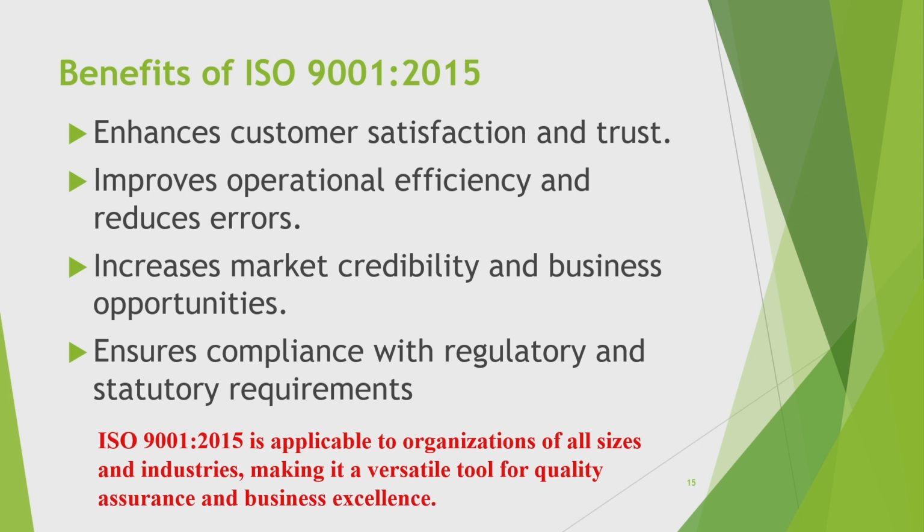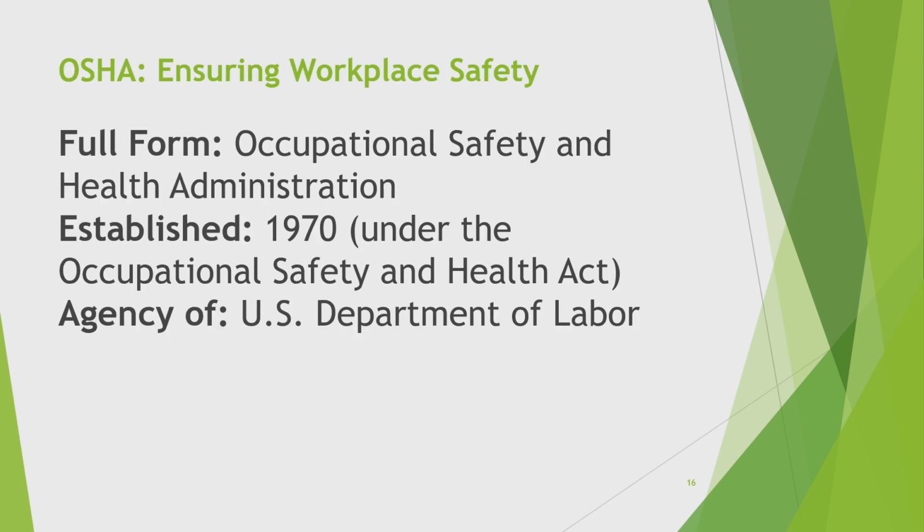Ensures compliance with regulatory and statutory requirements. So ISO 9001:2015 is applicable to organizations of all sizes and industries. It may be the service industry also, it may be even an educational institute also. So it is a versatile tool for quality assurance and business excellence.